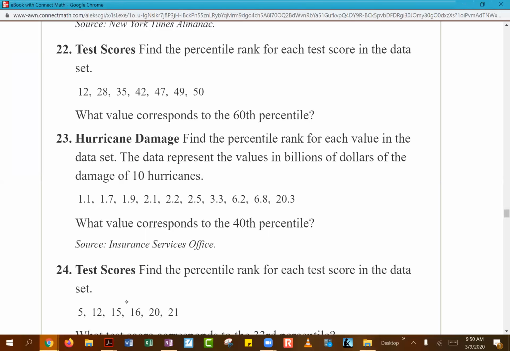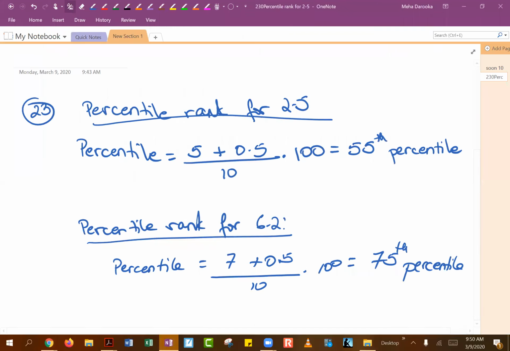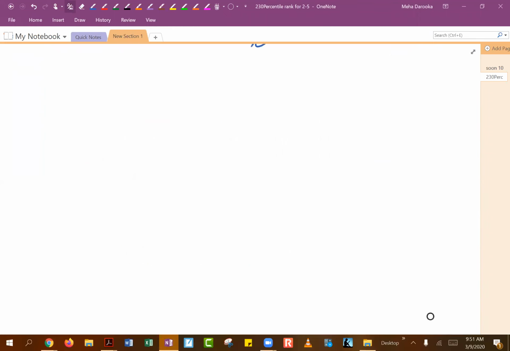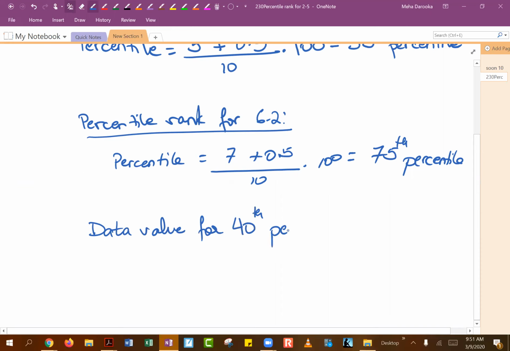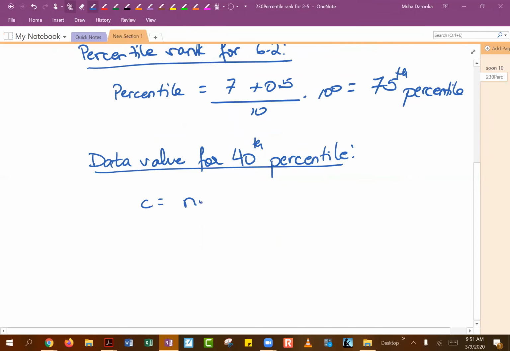So for the 40th percentile, you've again got 10 total hurricanes, right?